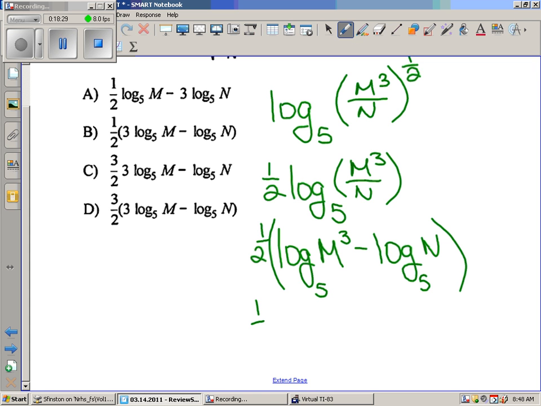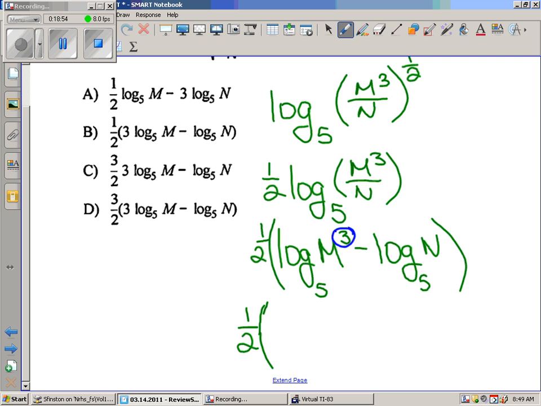Okay, so then let's just finish it off. 1/2 times, that's really messy. I can't have that on there. You see, I'm trying to do the problem too fast.